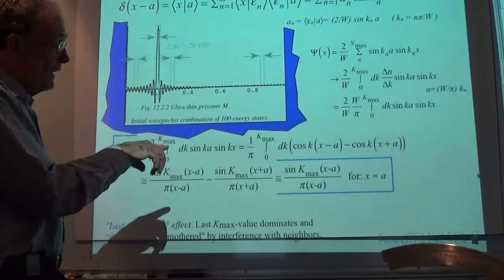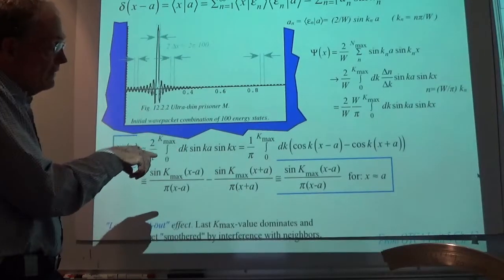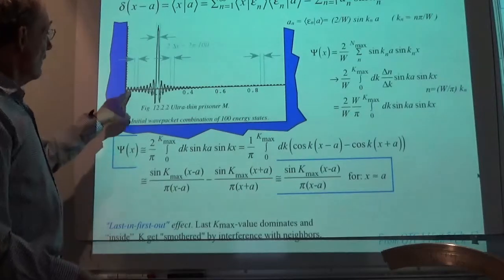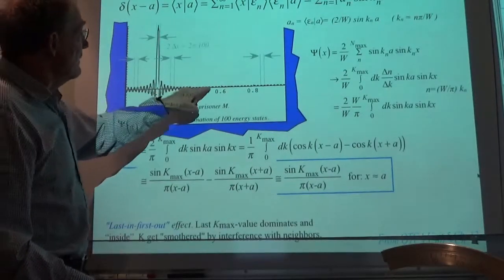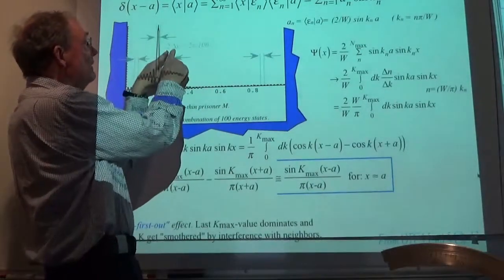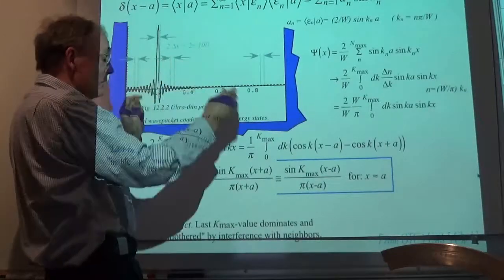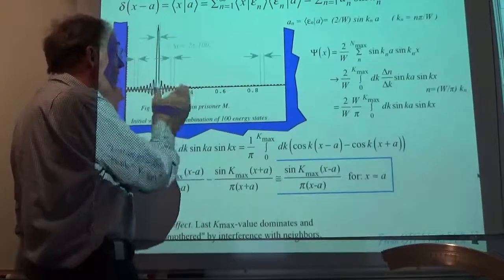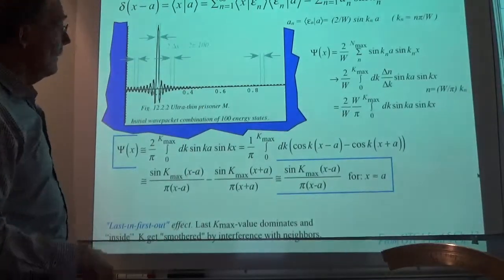Then 98 gets killed by 97 and 99 on this side. So you literally see things that have a delta x of 2 pi over 100. That's obvious from this function, but this is why. This is a quantum effect.